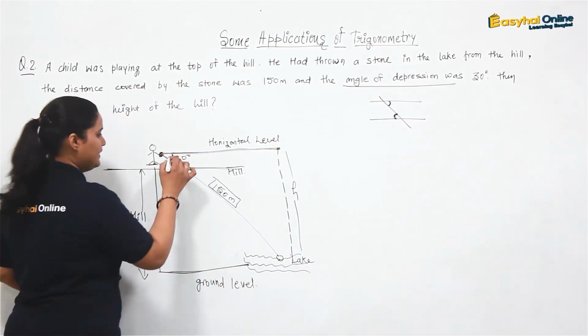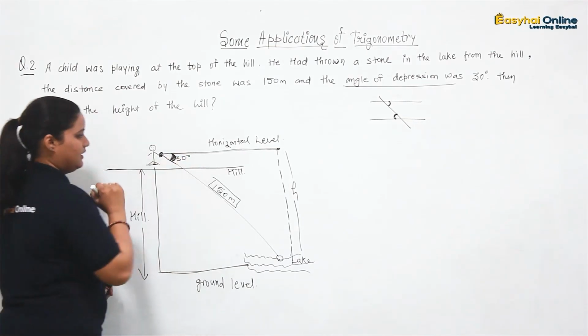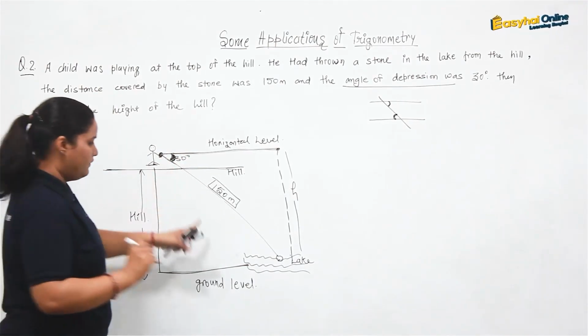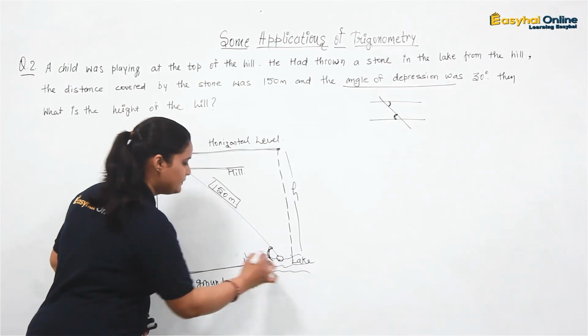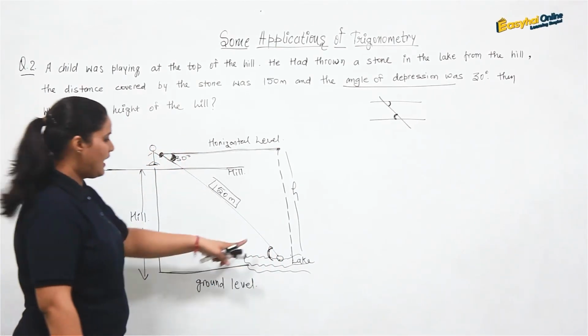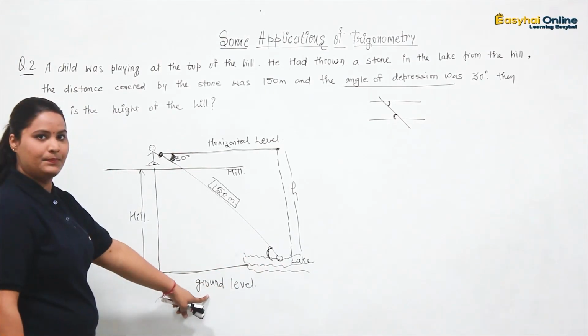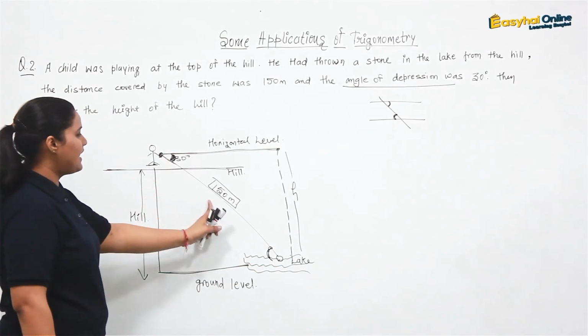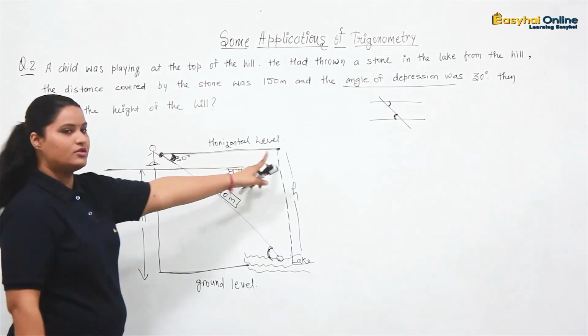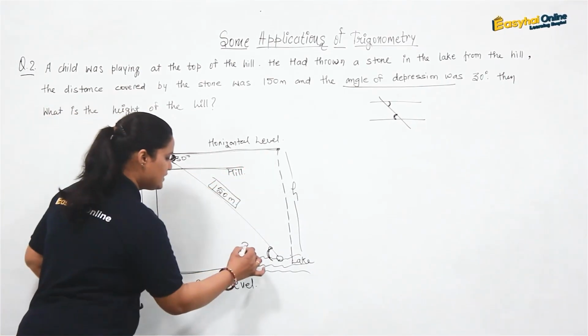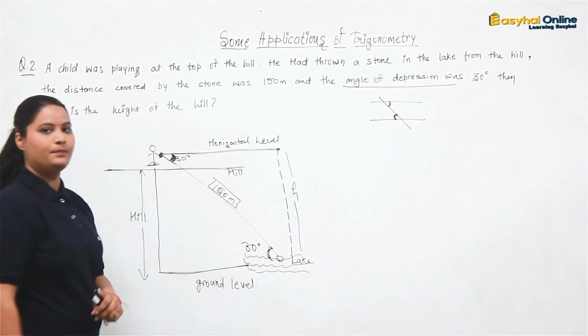So I can say this angle of depression will be equal to this angle, the angle between the line of the object and the horizontal level. So this will again be 30 degree.